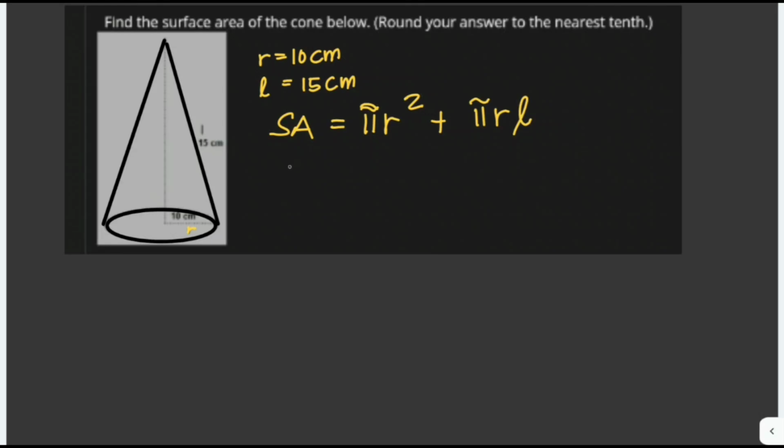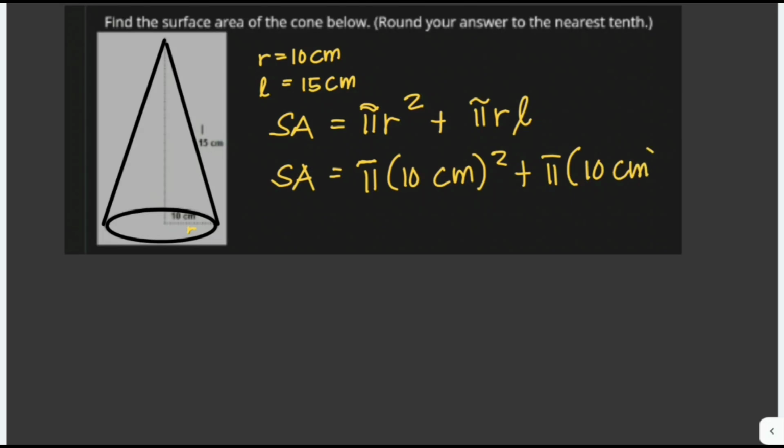So we just plug in everything here. So this is pi times 10 centimeters squared, plus pi times 10 cm times 15 cm. All right. So we can factor out pi here, and 10 squared is just equal to 100.